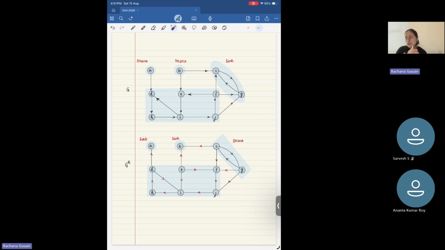Okay. Now, once you have identified one strongly connected component, how do you identify the remaining strongly connected components? Based on the directed lines, I mean the edges.